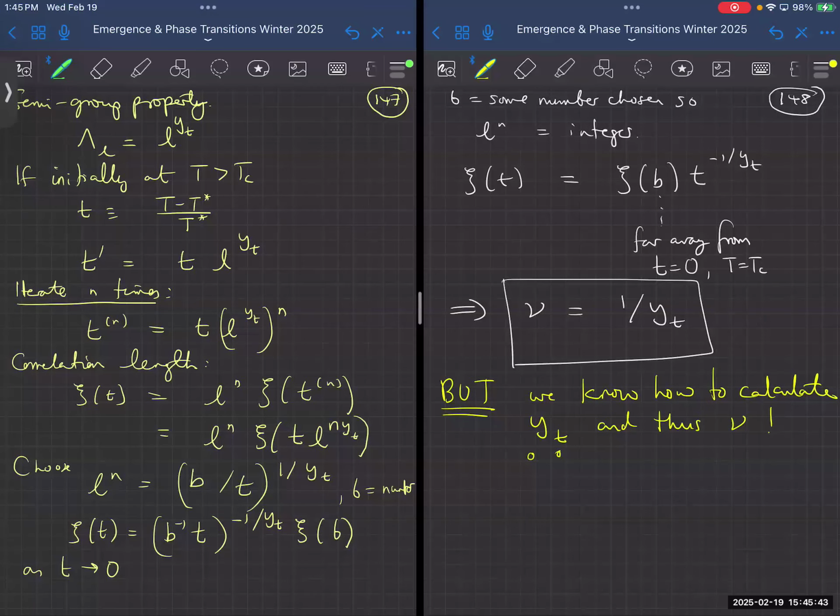And the reason we know how to calculate it is that it comes from solving the linear RG matrix eigenvalue problem.